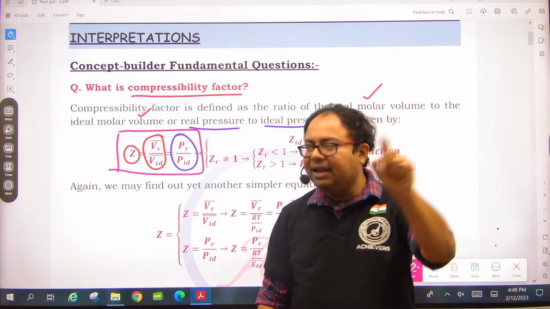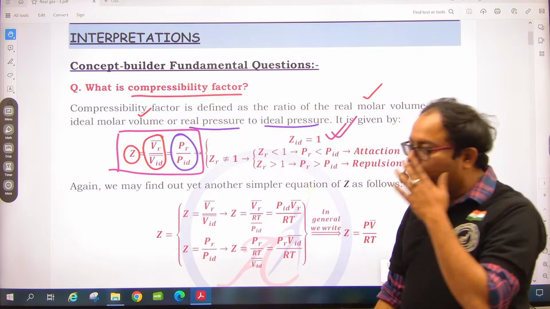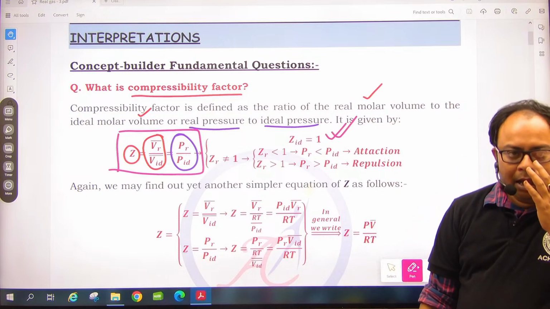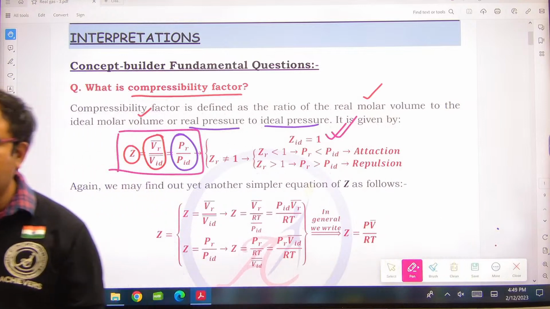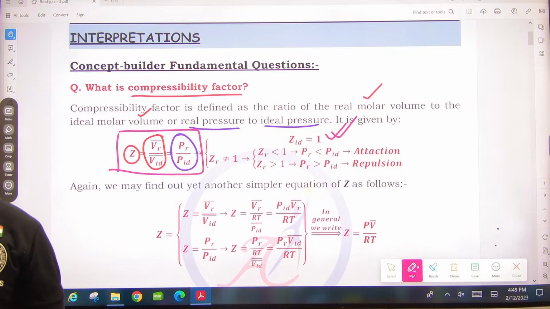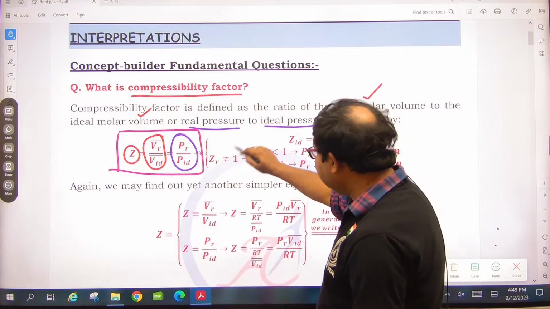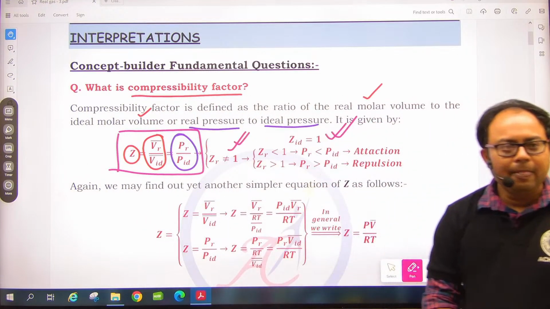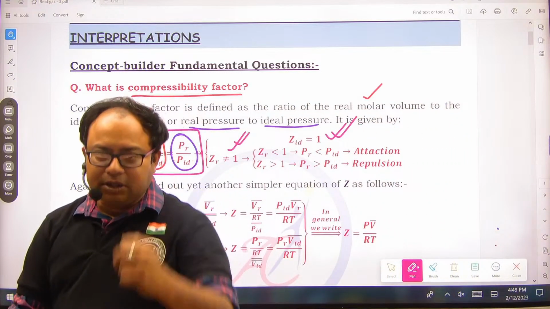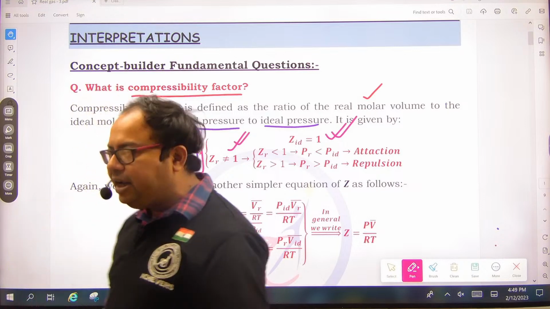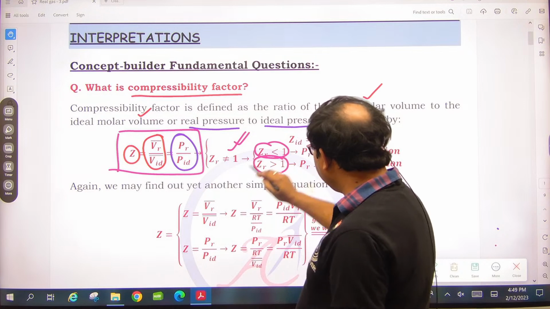For ideal gas, we always have Z equal to 1. But for real gas, naturally, V bar R is not equal to V bar ID, or P R is not equal to P ID, and thereby Z real is not equal to 1. So if Z real is not equal to 1, then you have two options: either Z real is less than 1 or Z real is greater than 1.